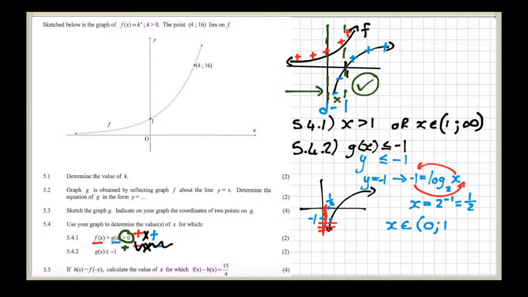Now, x cannot be 0 because that's an asymptote for the logarithmic graph. But it can be equal to 1 because they did say smaller or equal to. Not 1, sorry, my apologies, it mustn't be 1, it must be 1/2. So x is between 0 and 1/2. Now I've got it right.